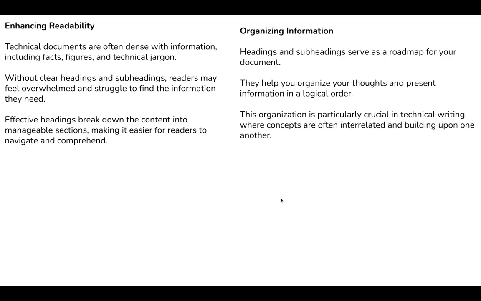All right, the next one is organizing information. Headings and subheadings serve as a roadmap for a document. Right, they help you organize your thoughts and present information in logical order. This organization is particularly crucial in technical writing, where concepts are often interrelated and build upon one another.